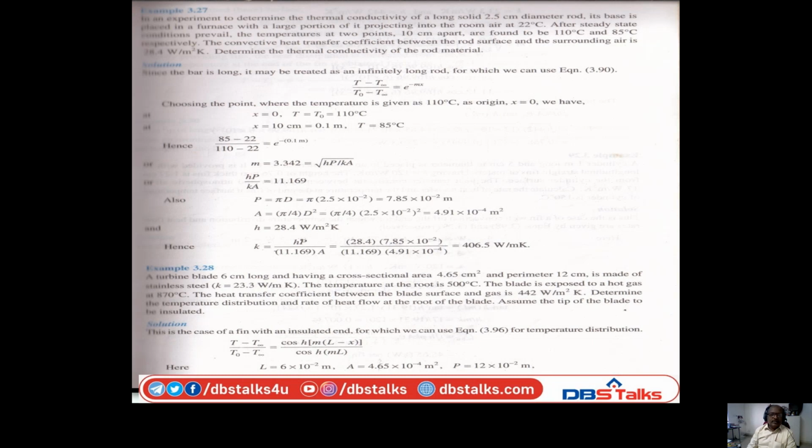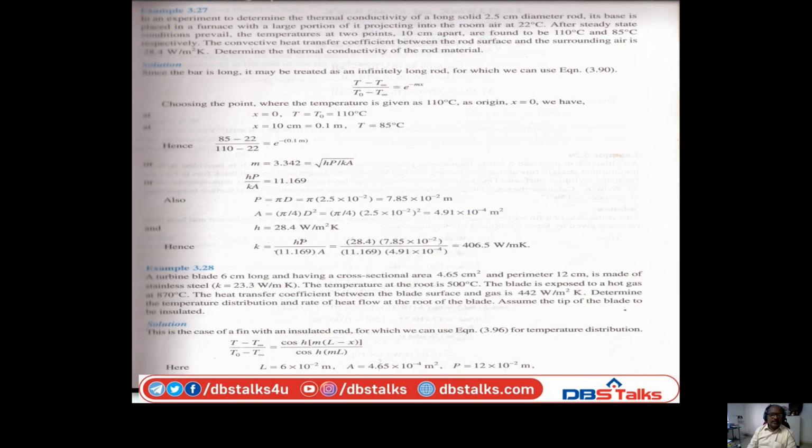In the temperature distribution equation, if you substitute all the temperature values, you can find out the m value. M is nothing but square root of hP by kA. So you can calculate what is hP by kA. H means convective heat transfer coefficient, which he has given, A means cross sectional area, and P means perimeter.